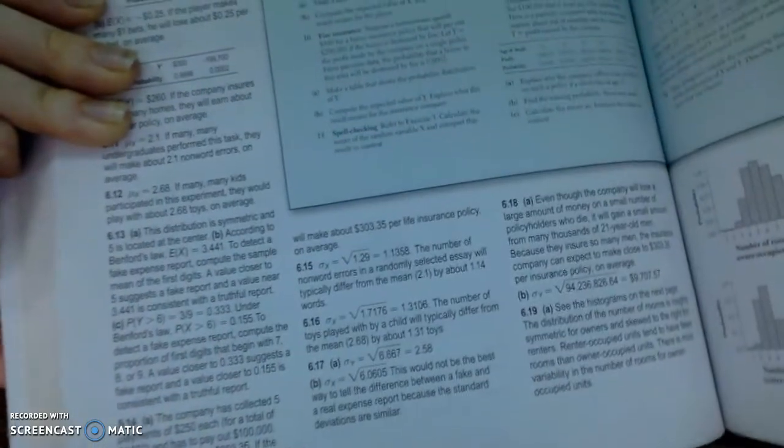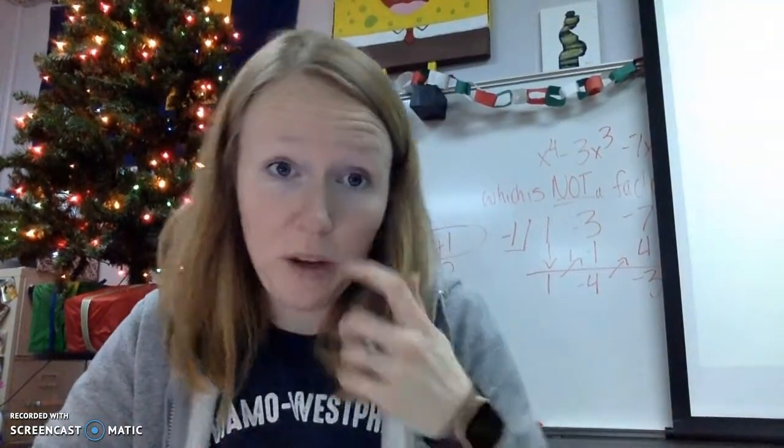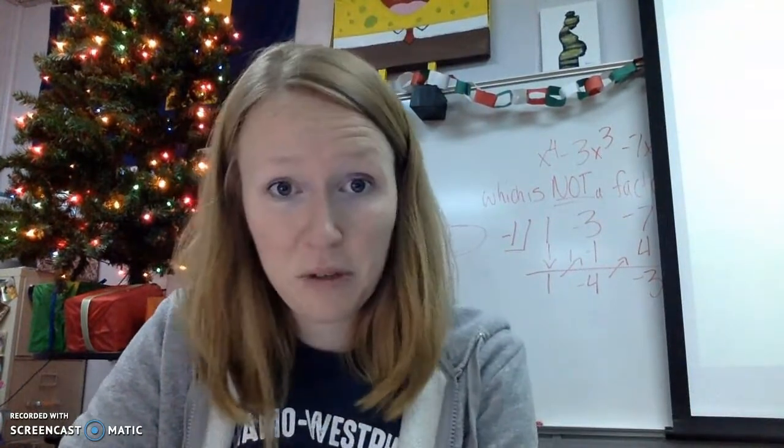For the standard deviation, remember you take the square root of the variance, and you get 9,700. It's a pretty big standard deviation, right? Which means they are at a pretty good risk of losing money. If their mean is 300, but their standard deviation is over 9,000, that's pretty risky.